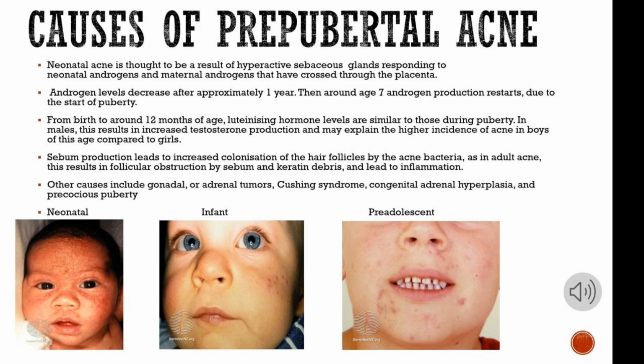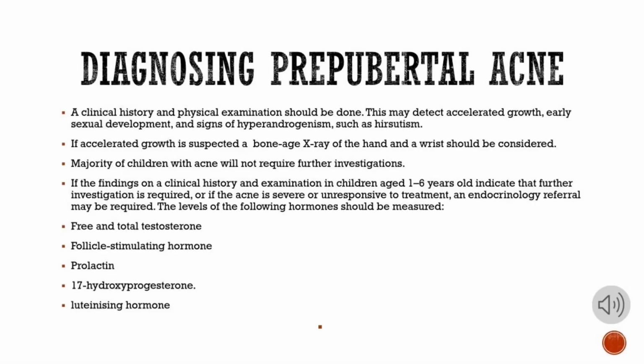As in adult acne, this results in follicular obstruction by sebum and keratin debris and leads to inflammation. Other causes include gonadal or adrenal tumors, Cushing's syndrome, congenital adrenal hyperplasia, and precocious puberty.